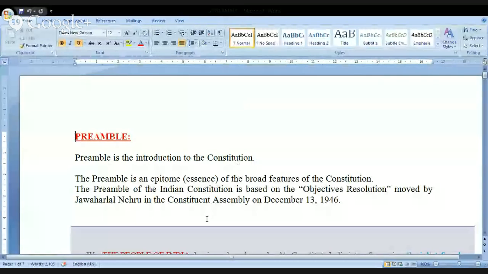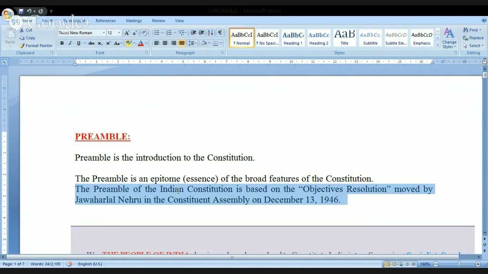Look at this. The preamble is the introduction to the Constitution. The preamble is an epitome of the broad features of the Constitution. And if you look at this point which I'm highlighting now, you know what exactly this point is. In the previous class, I was talking to you about the objectives resolution that was moved by Jawaharlal Nehru in the Constituent Assembly.